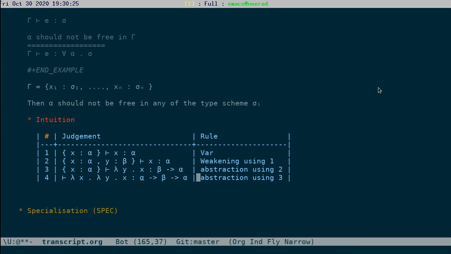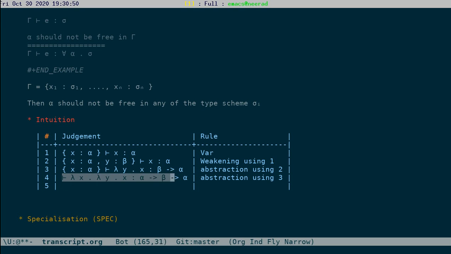Notice that at point 4, without any assumptions, we have managed to prove lambda x lambda y dot x has type alpha arrow beta arrow alpha, no matter what alpha and beta are, and this is what allows us to finally conclude, let's look at this function.